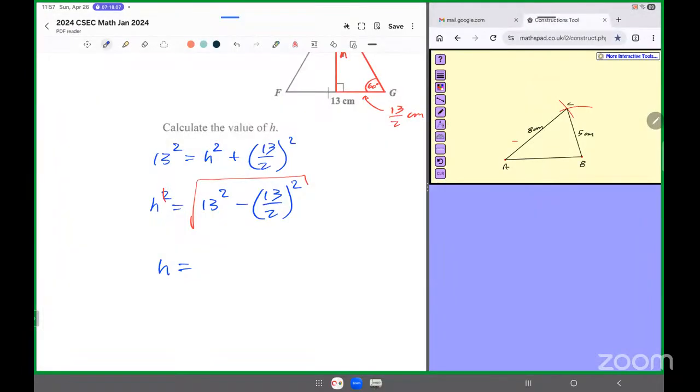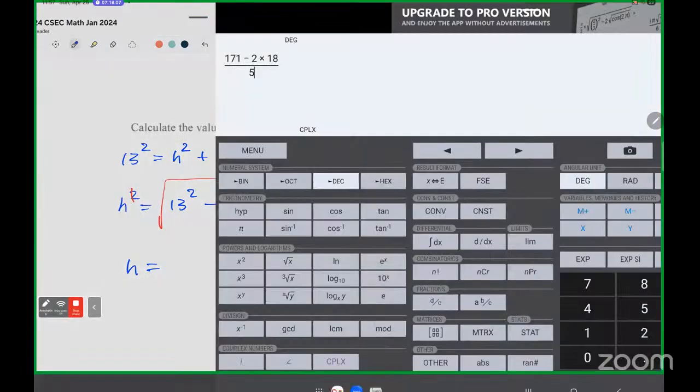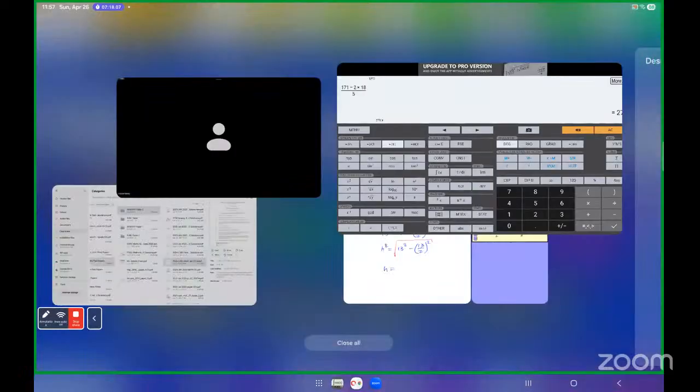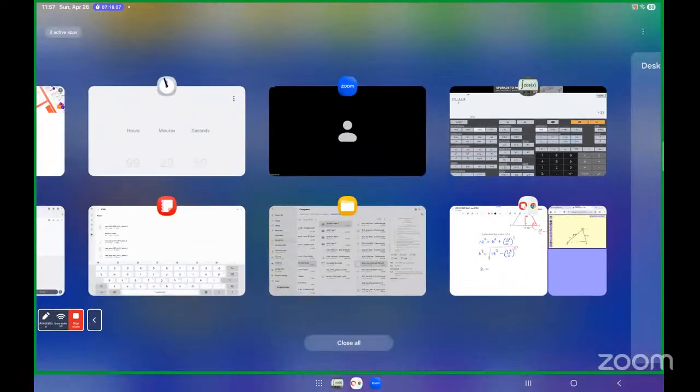If we do the calculation over here, here's my calculator.